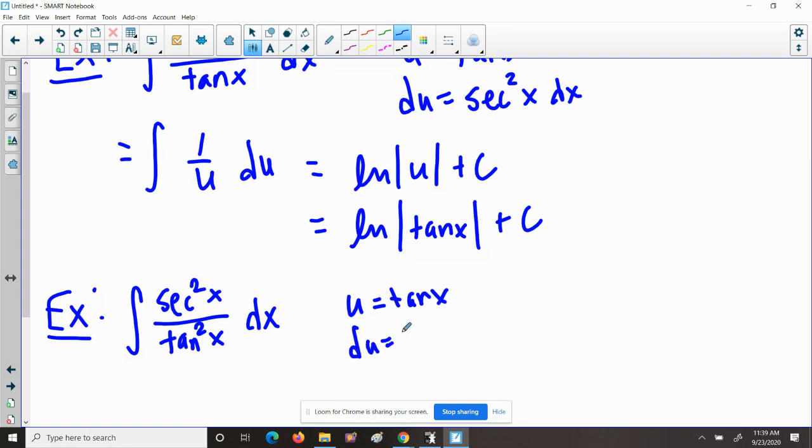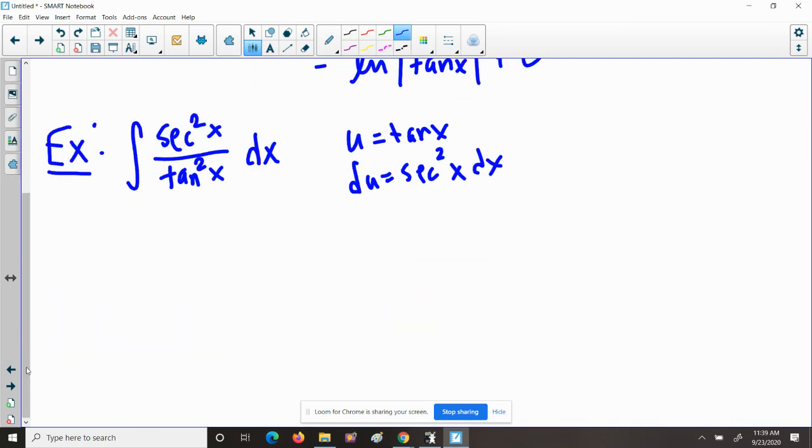Our du would still be secant squared of x dx. But our difference would be when we rewrite this in terms of u. Think about this: tangent squared on the bottom is 1 over u squared, right? And then secant squared dx is du.